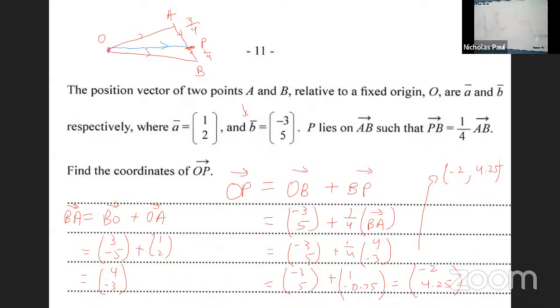Next one, 2019. So they actually use coordinates, right? No, i and j is a vector. That's a vector form. So the next one is like the older type. Ready? 2019. This one is a little bit easier.